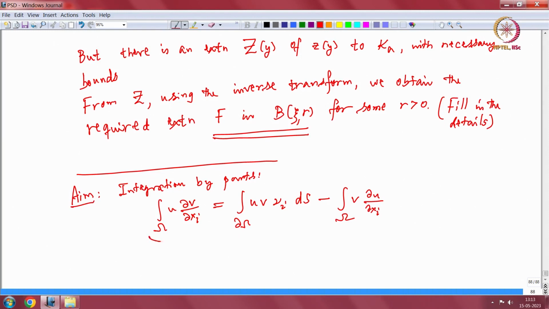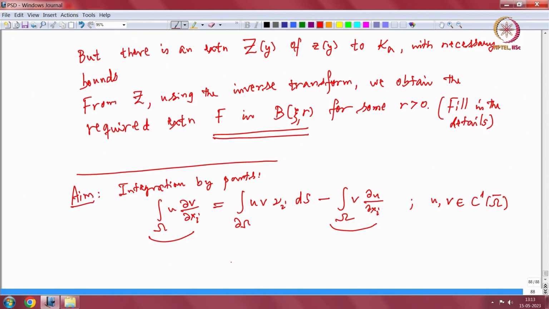So these are domain integrals. So certainly this is valid. So that's the classical result. So if u and v are C1 omega closure, so both u and the derivative have continuous extension up to the boundary.